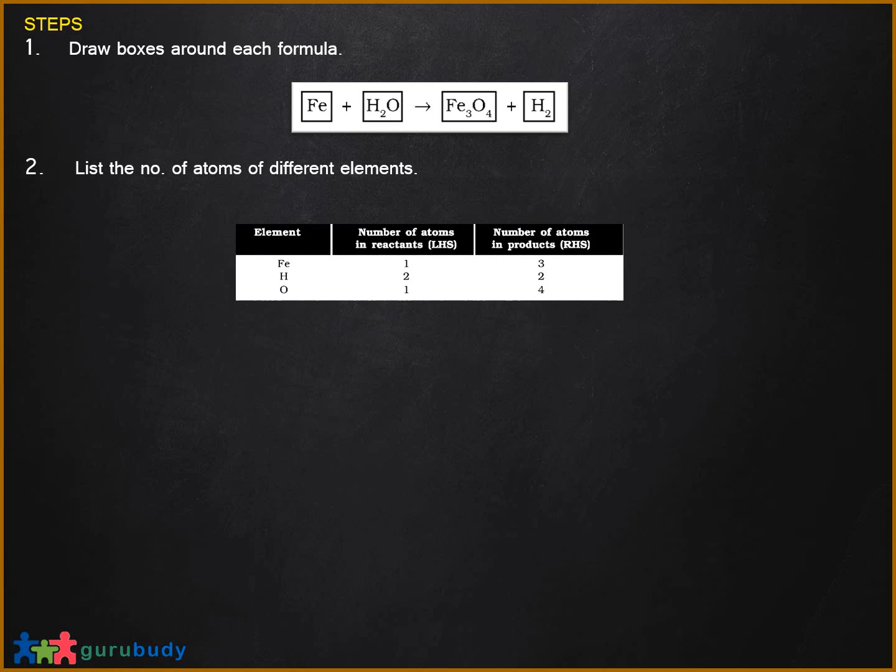Next, we list down the number of atoms of different elements in those boxes. As you can see, there are 3 different atoms here: iron, hydrogen, and oxygen. The number of atoms in the reactants is iron 1, hydrogen 2, oxygen 1. But the number of atoms in the products is iron 3, hydrogen 2, and oxygen 4.